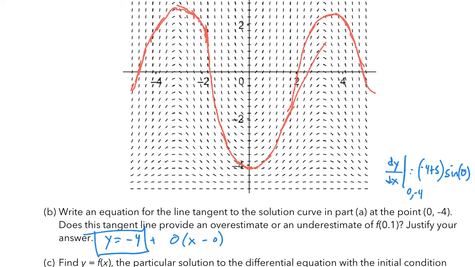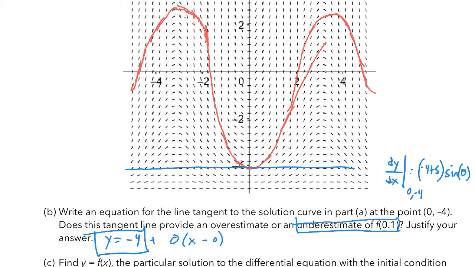Okay. Now, is it an over or underestimate? It's clearly going to be an underestimate, because just look at the graph. If I were to approximate this by that line, it's sloping up. Now, what I just did there is kind of confusing.